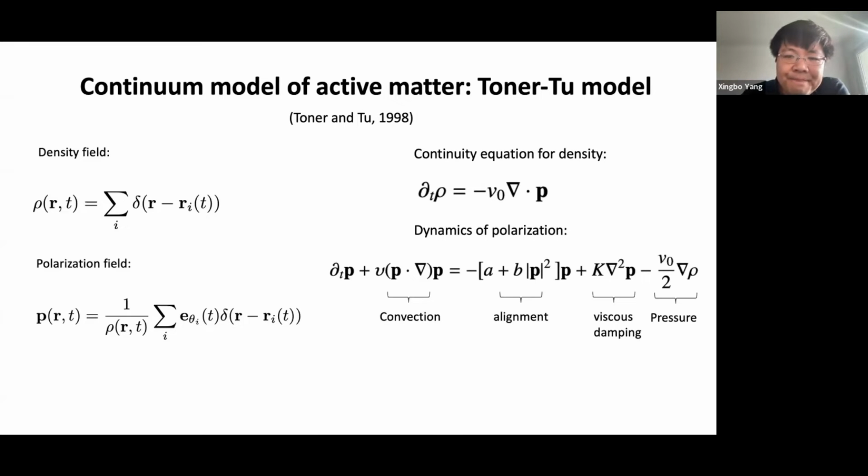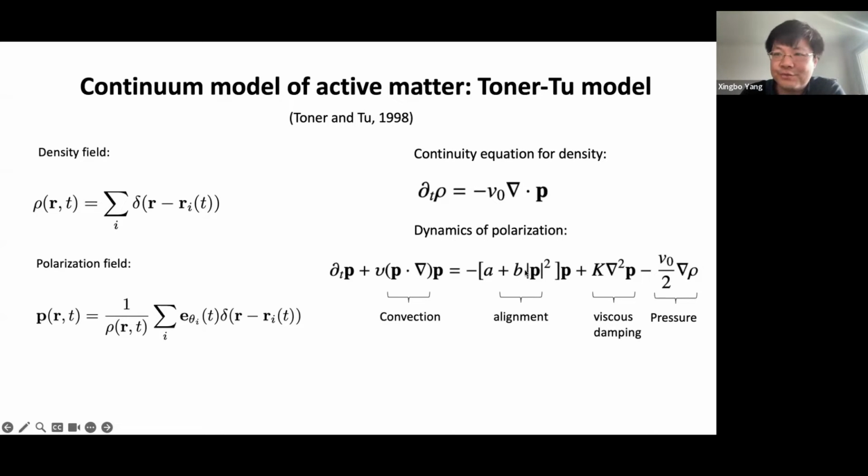Okay, so you can write down another equation for this polarization field, which I think would probably be a little bit reminiscent of a Navier-Stokes equation, right? But there are some distinctions. First, there's this highly nonlinear term here, which is due to this alignment. This part would basically dictate the disorder transition.